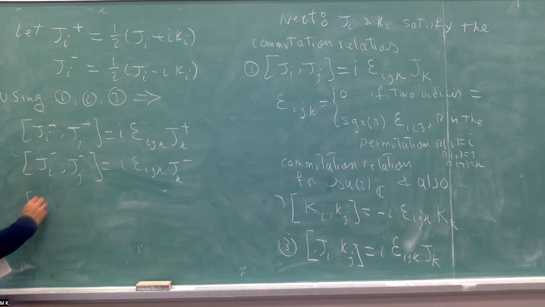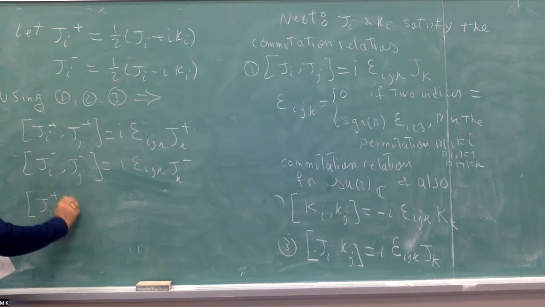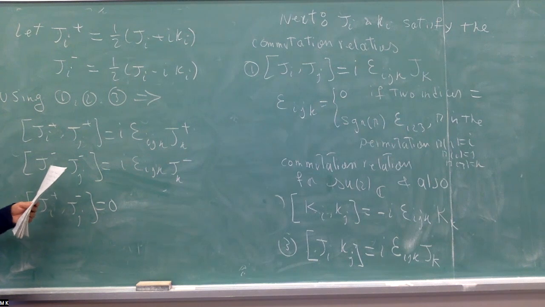That's the magic. Ji plus and Jj minus commute for all i, j.